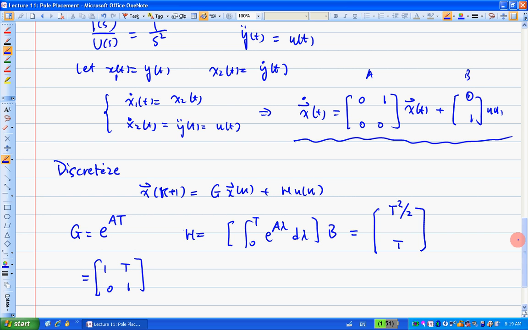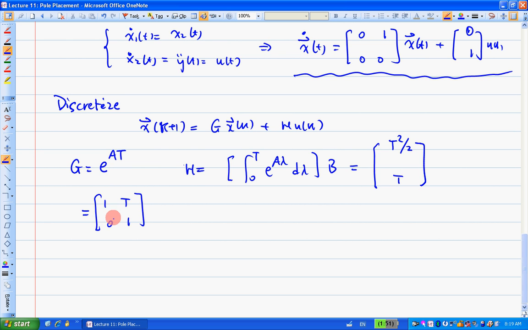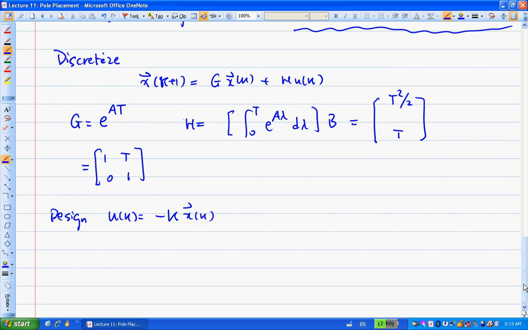The controller we're designing here is a pole placement. So what we do is we design u equal to negative K x of k. We know that K is a vector, so if we expand it out, it's negative K1 x1 of k minus K2 x2 of k.